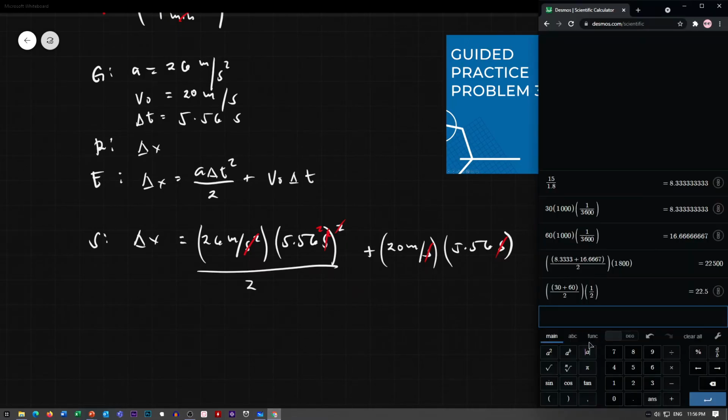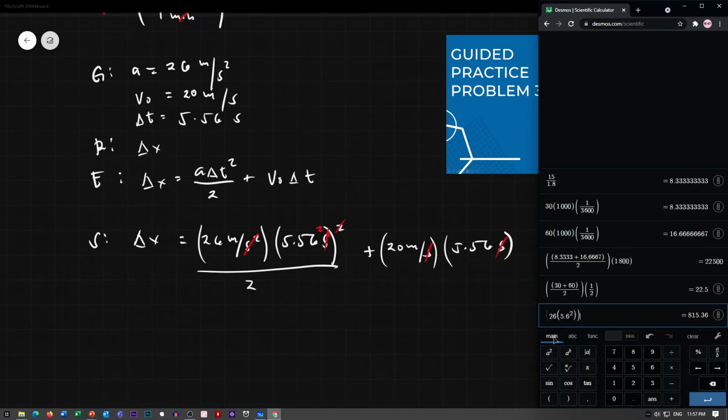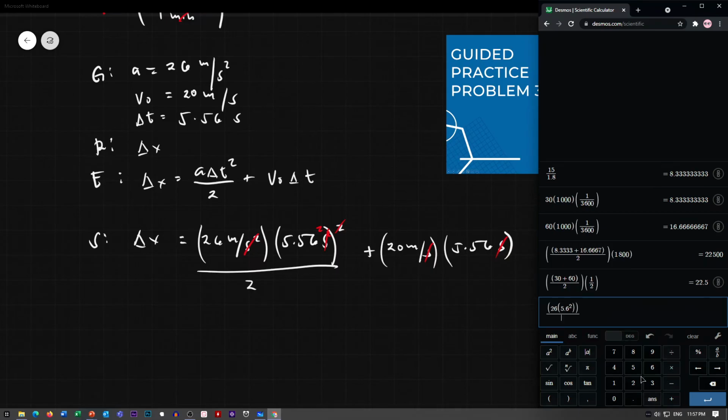Okay, so let's proceed on solving this. So we have 26 multiplied by 5.56 to be squared. Okay, then we divide this by 2. There. Then we have addition. Okay, so this is 20 times 5.56.